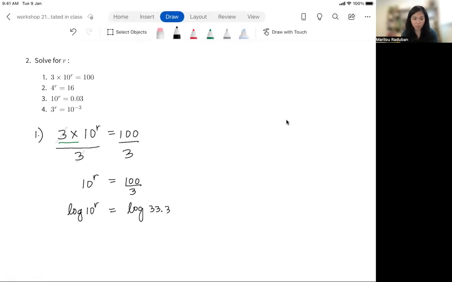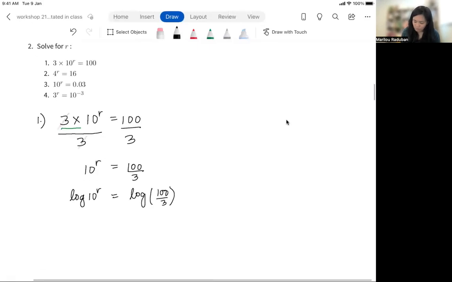There might be some rounding errors, and that's probably why I want to keep my log as 100 divided by 3. Now, log will undo base 10, and because that's base 10, that will just be equal to r, and then you get the log of 100 divided by 3.